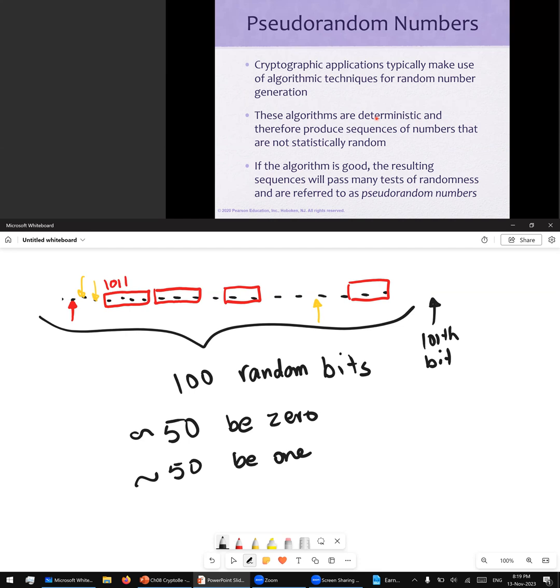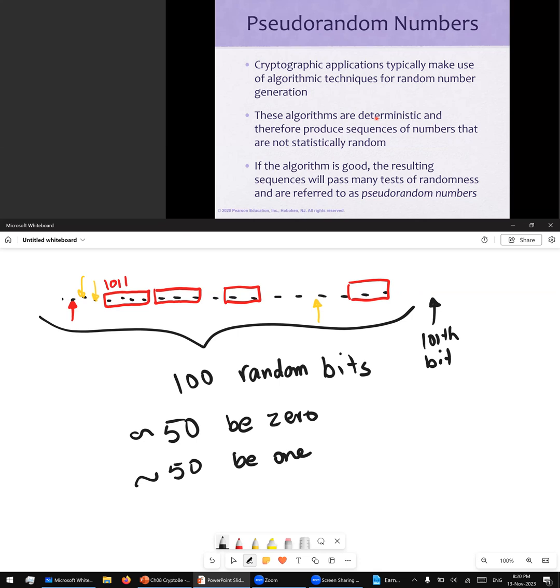So every bit is not going to be completely independent of the one previous to it. However, there are tests that every random or pseudo-random number generator is supposed to pass. And if it does pass those tests, then we can say that this pseudo-random generator is good enough for our application. We don't need to actually implement a true random number generator and go through all that complexity and all the costs that come with it.